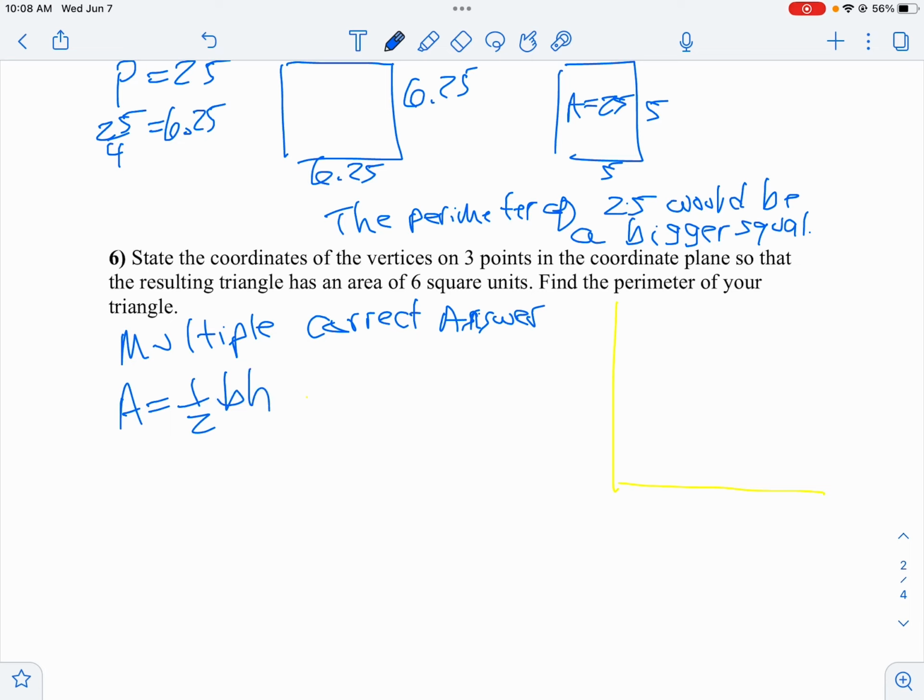So I would place my triangle in there. So when I take the base times the height divided by 2, I'm going to get an area of 6. So I want 6 equals 1/2 times base times height. You can think of it this way: multiply both sides by 2. 12 equals base times height. So pick two numbers that multiply to 12. Have one of those be your base, the other be your height.